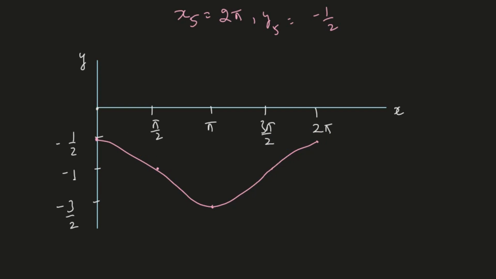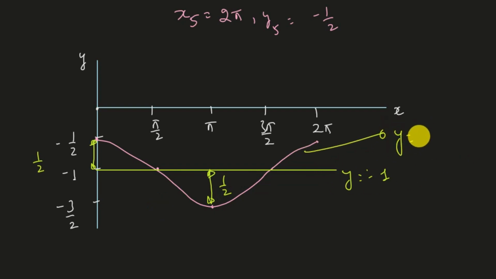Now you can see this graph is oscillating about y equals minus 1. This is y equals minus 1. This graph is oscillating about this line, and this would be the amplitude, which is half here. You can see it from here also. This is the amplitude 1 over 2. Right. So this would be the graph for y equals half cosine x minus 1.